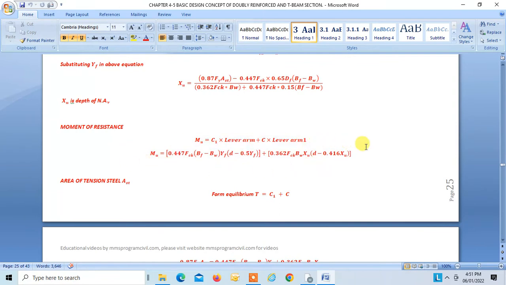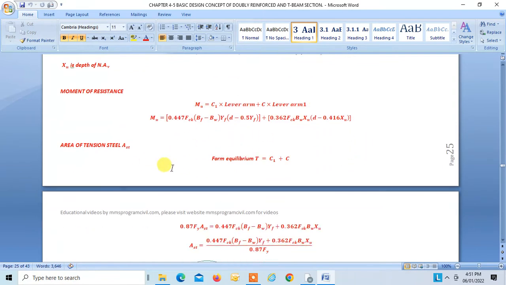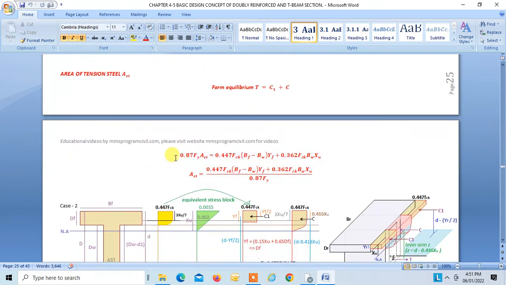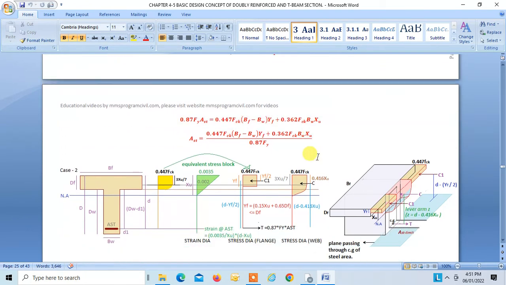So this is how you get the moment of resistance, okay. From equilibrium we know T is equal to C1 plus C. So AST can be found as C1 plus C divided by the stress in tensile steel, okay. So this is your case 2.